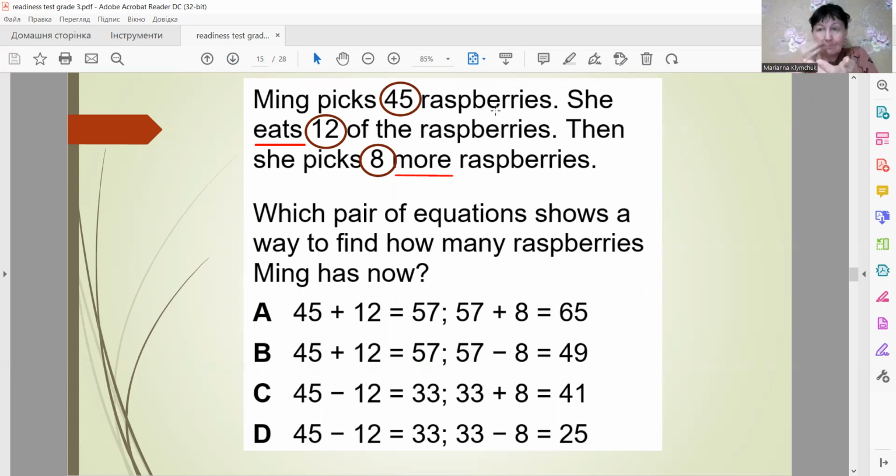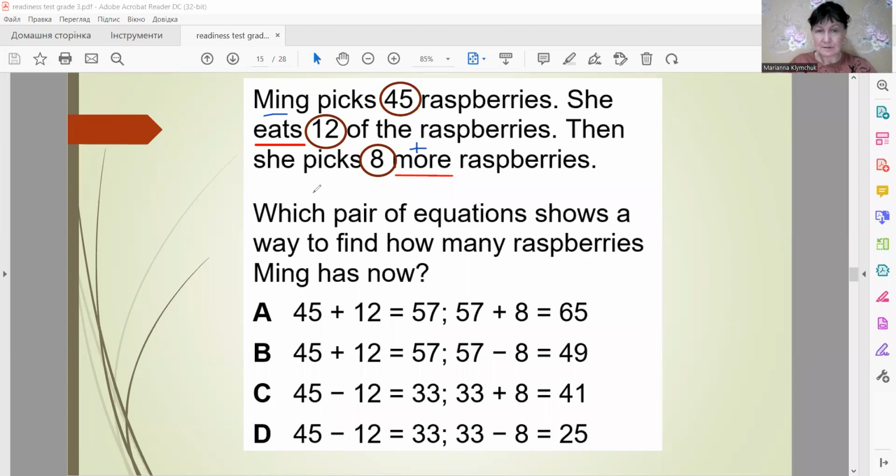I have raspberries, I eat, minus, okay? Then she picks 8 more. We have number 8, and the word more, you already know that this should be plus. Okay, what is our picture? We have 45 minus 12, this is what you see with your eyes, okay? Then we need to have plus 8.